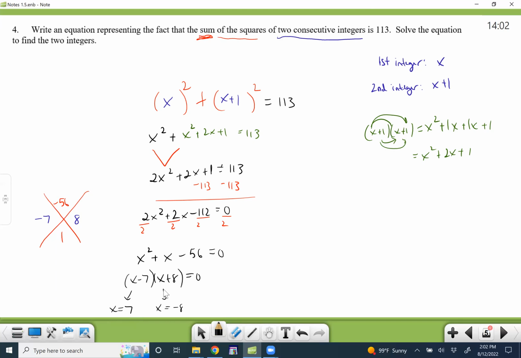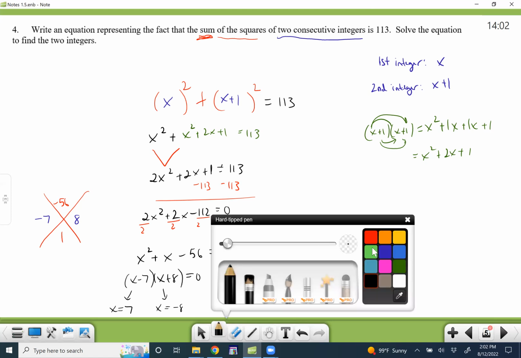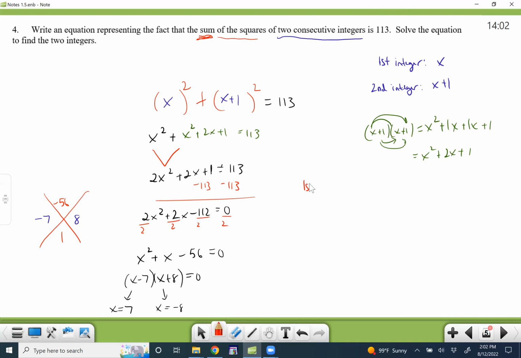Negative 8 can work. We don't have any lengths here, you guys. These are just abstract numbers. I didn't measure a table, there's no box, there's no triangle. So we can actually keep both. That means we're going to have 2 solutions. We're going to have the solution where the first integer is x, which is 7.